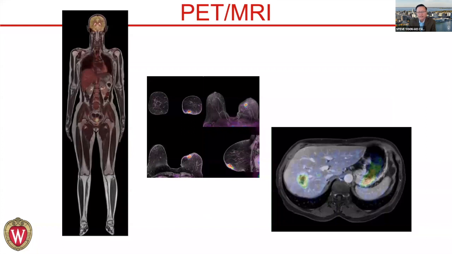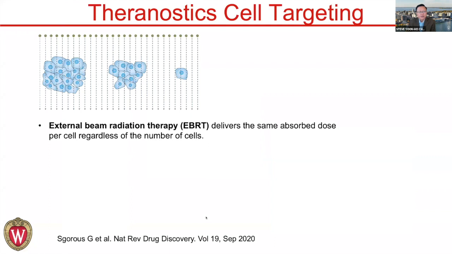That's the diagnostic component of theranostics. But where does the therapeutic part come from, the radiation targeting? When we do external beam radiation therapy, it delivers the same absorbed radiation dose per cell. Basically, you have radiation that's sent from outside of the patient and goes through the cells, regardless of the number of cells.